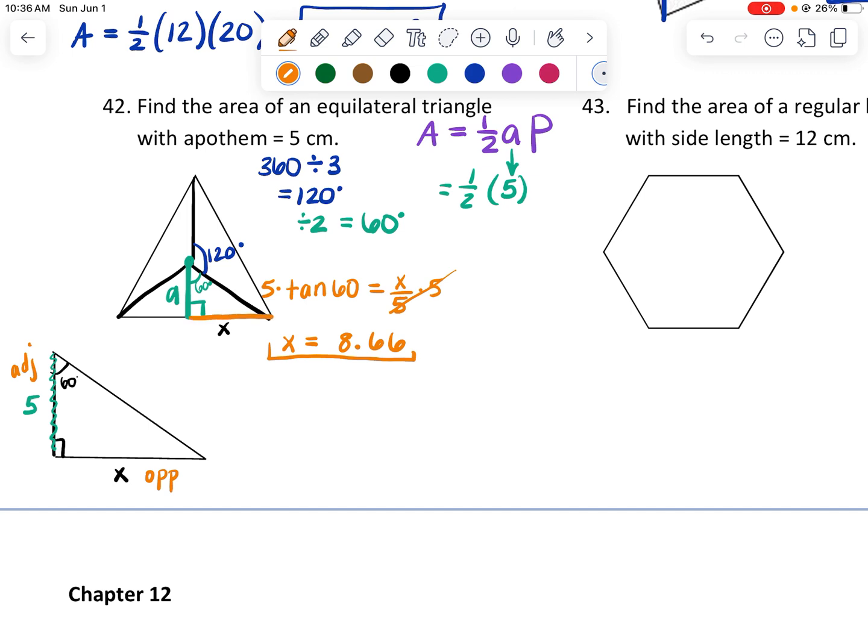So this part of the line is 8.66, but I want to know the whole entire side, so I have to multiply that by 2. So 8.66 times 2 is 17.32, and there are 3 total sides to the triangle, so I'm going to take that number times 3. And I get that the perimeter is 51.96.